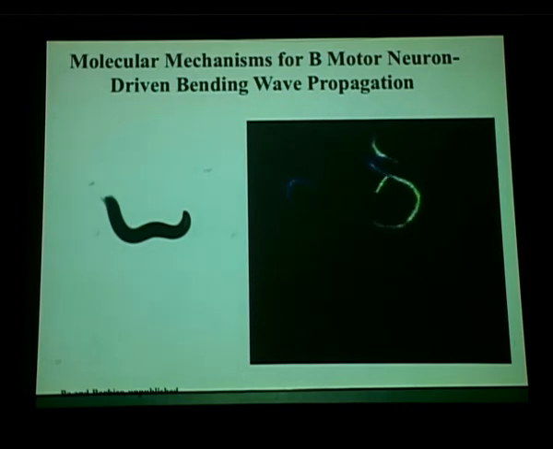If you look at the calcium imaging of the muscles, this propagation defect is really obvious. You can generate a bending wave from the head, and it stops over there, and then the entire posterior body cannot propagate this activity. So we recently cloned these genes, and we're working closely together with Ari's group to get to the mechanistic details on how this protein activates this propagation.